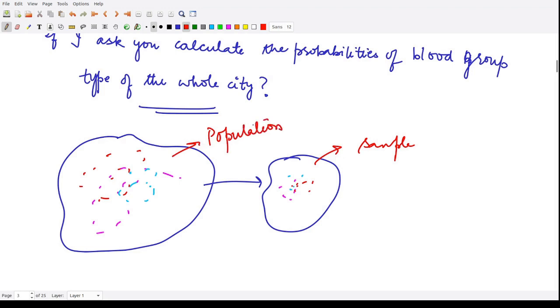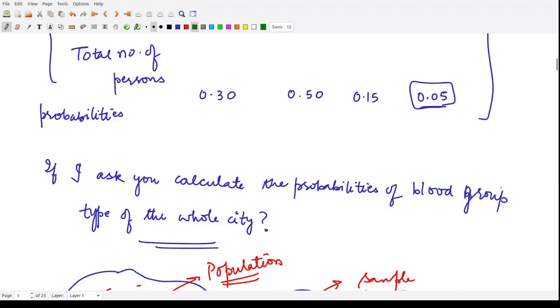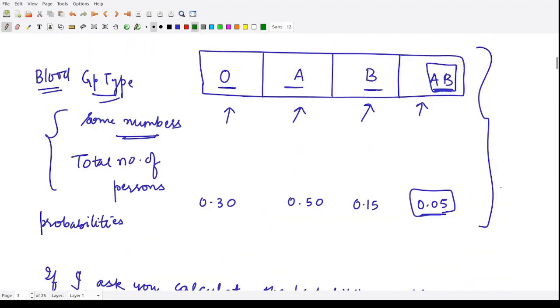So out of this whole population you have taken the sample, and in this case the sample could come out to be nothing but the people present in the institution. So therefore in this particular case you can predict various quantities based on this data.